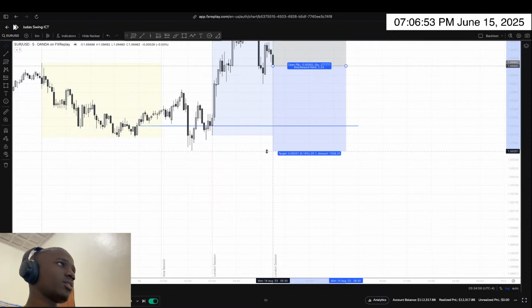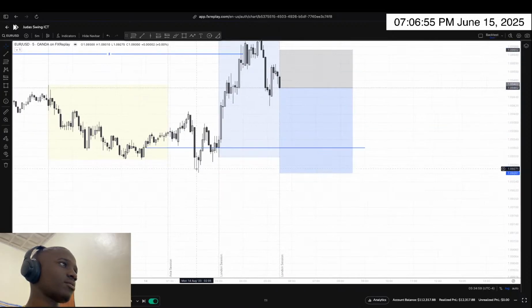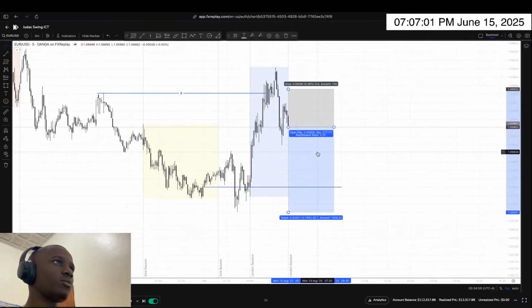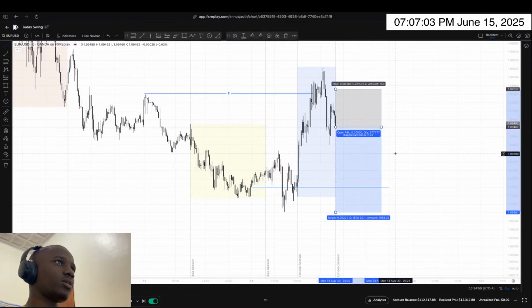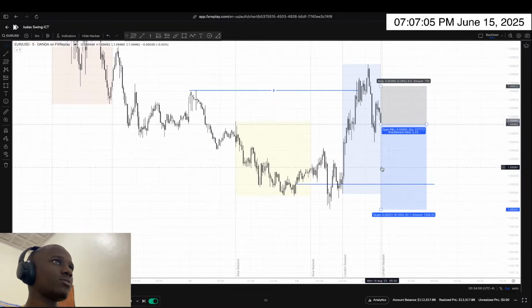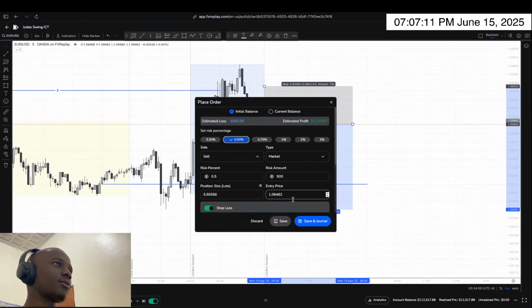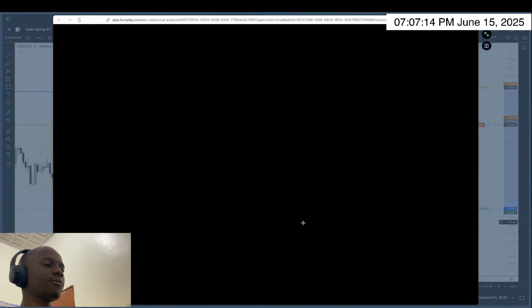So first off, I'll target these lows, these ones that took out the Asian range, and that will give me like a 1 to 2. So it's still 5:30, which means we're still in London, I risk 0.5 because of these consecutive losses that I'm getting.